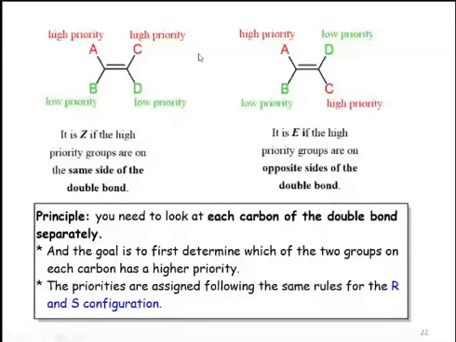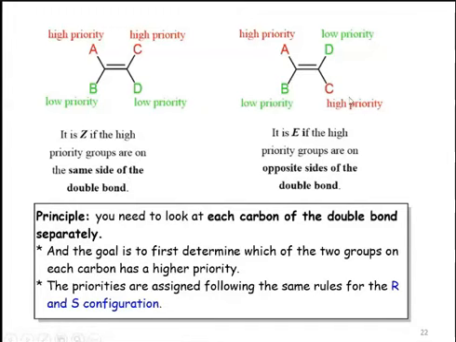Here we can see A and C. Let us assume that A and C have higher priority and B and D have low priority. So the high priority bearing functional groups lie on one side of the double bond, and the low priority bearing functional groups lie on the opposite side. So it is Z. If this is the situation, then we call it Z. Z is the representation of high priority groups lying on the same side of the double bond.